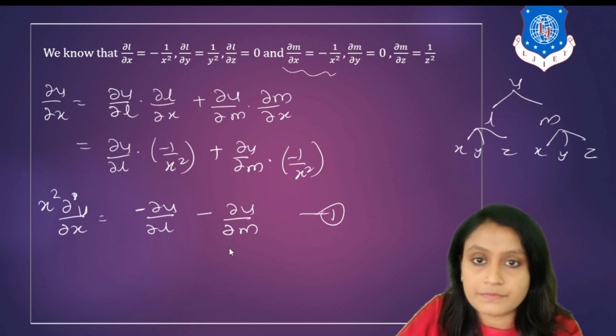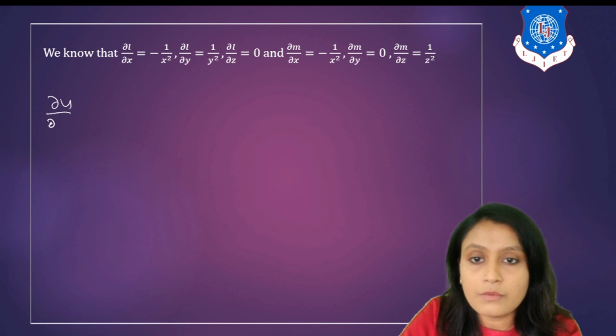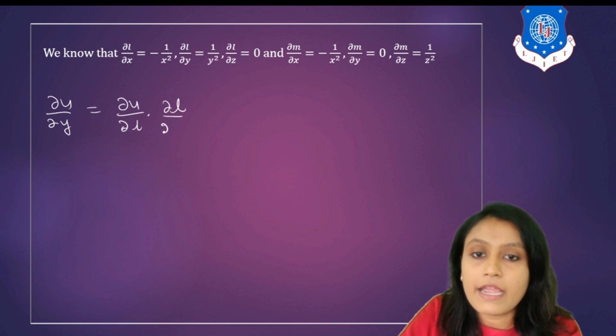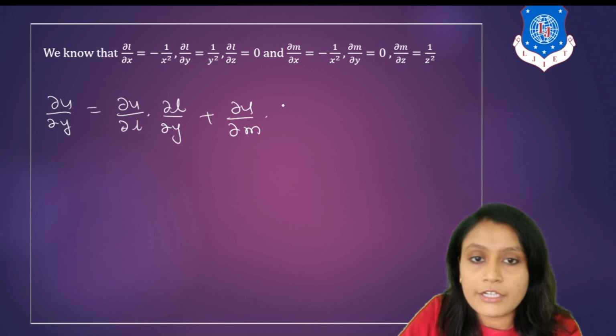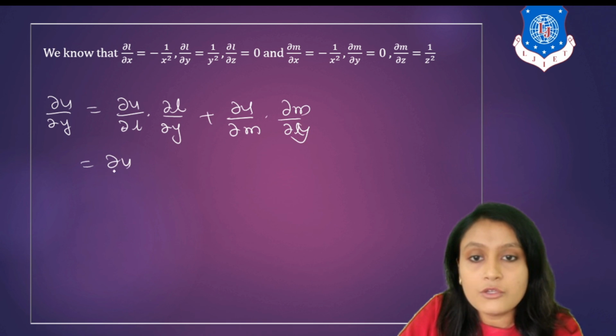Give it number 1. Okay, now next we have to find del u by del y. For that, what will be the chain rule? Del u by del L into del L by del y plus del u by del M into del M by del y, from the tree diagram. Now del u by del L as it is, and what is del L by del y?